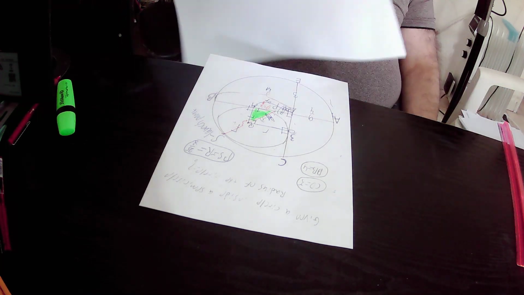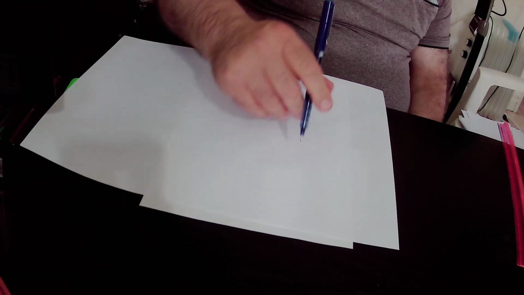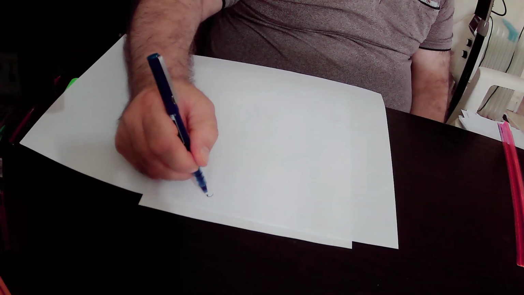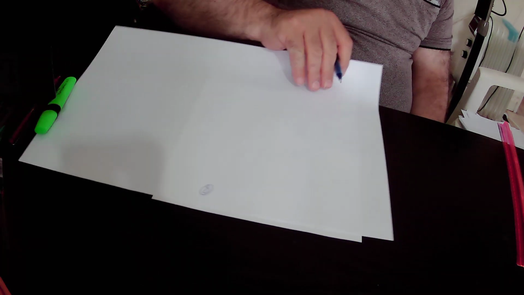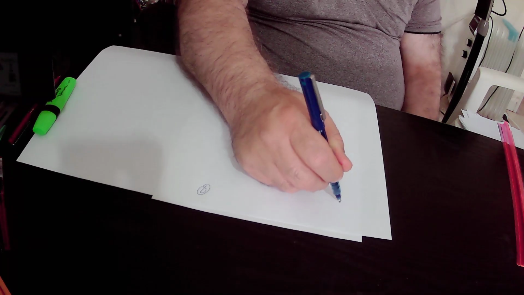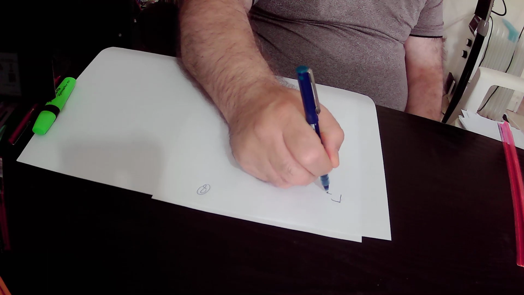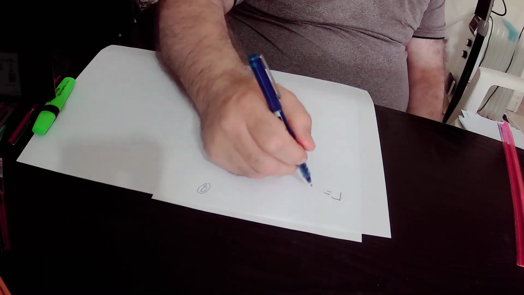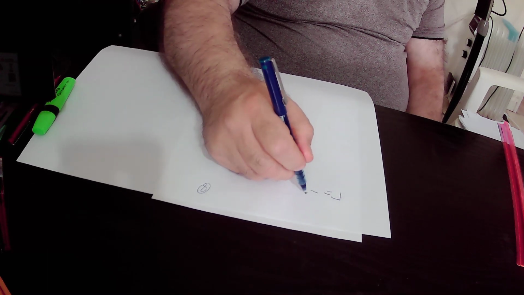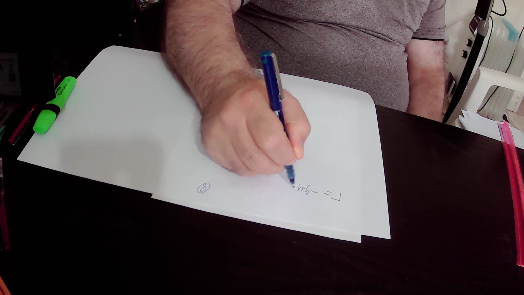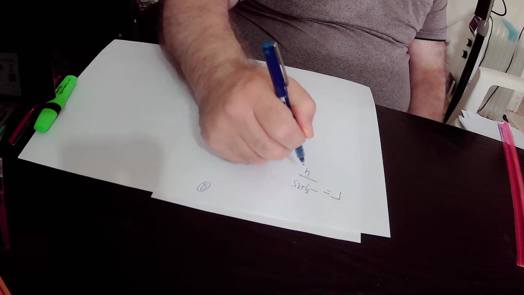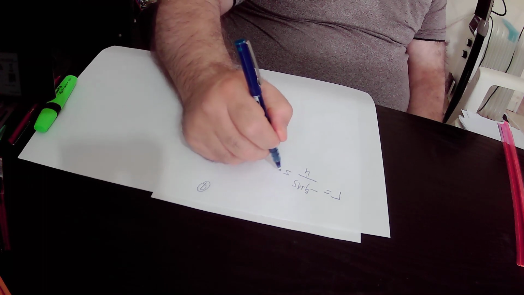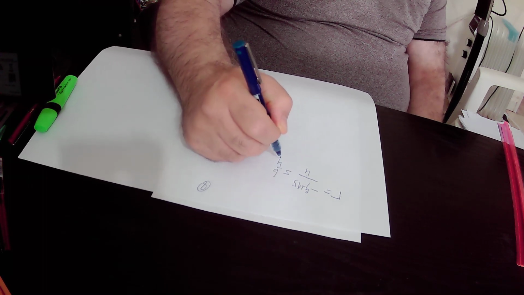that R equals minus 9 plus 15 over 4. Minus 9 plus 15 is 6, and 6 over 4.